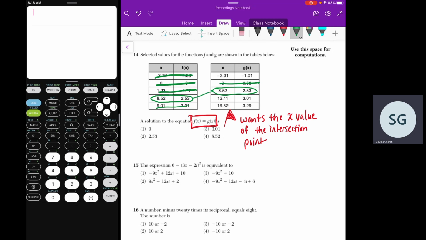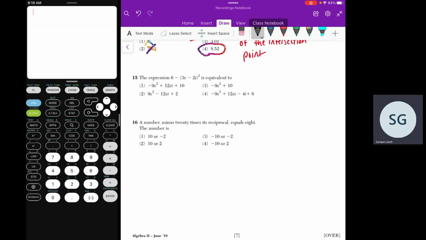So this is the intersection point, and what it wants is just the x value. Just the x value. And what you notice is you see how 2.53 is there. Do you see how 0 is on both graphs? So they took that one on there. And you can see that 3.01 is on both graphs. So you have to know what they're asking in that case.